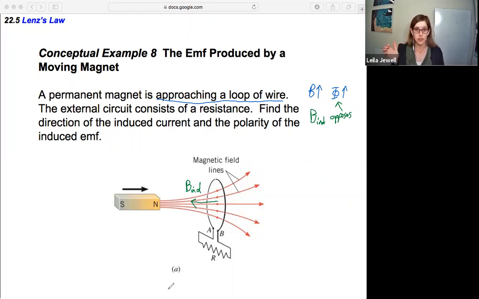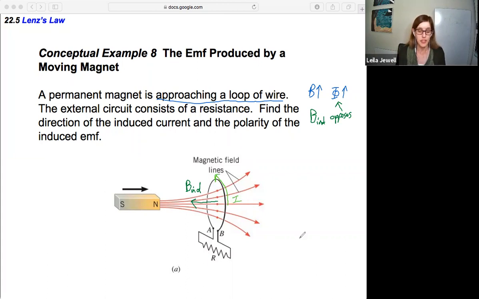Our fingers are going to be the magnetic field going through the coil, and then our thumb can give us the direction of the current in the coil, right? So you can try some different orientations, but if I'm wrapping around a coil with my thumb, the only way I can get the induced magnetic field to point to the left is if I follow this counterclockwise current.